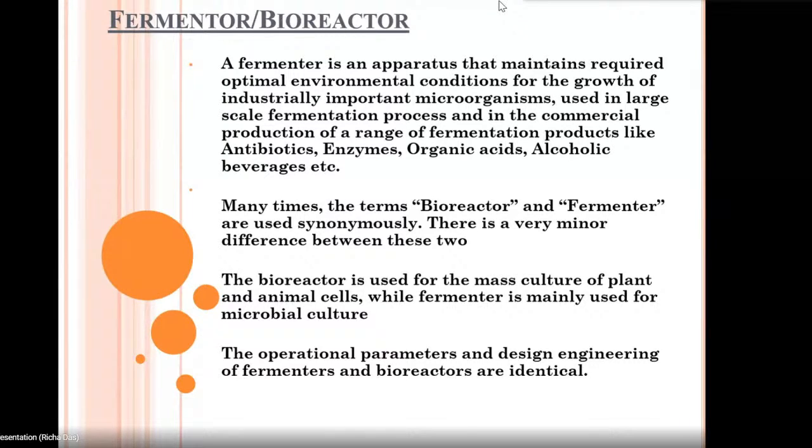That is why fermenters are used, because inside the fermenter all the optimum conditions will be provided, and then the microorganism will give out various products like enzymes, antibiotics, organic acids, alcoholic beverages, etc.